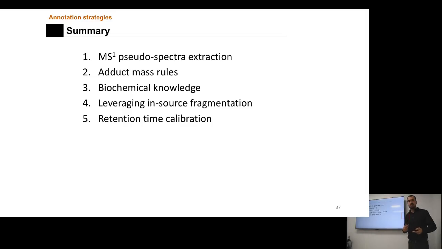There are some other strategies, for example, an emerging one, the CCS, the collision cross-section values, that we can also use to annotate molecules, but I'm going to focus today just on those five. The first is MS1 pseudo-spectral extraction, then the use of atom mass rules, the use of biochemical knowledge, leveraging in-source fragmentation, and finally the use of retention time calibration to annotate data. Let's go one by one.